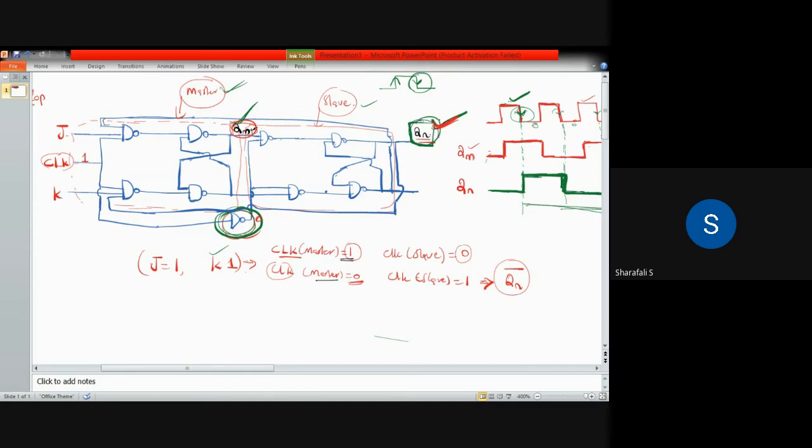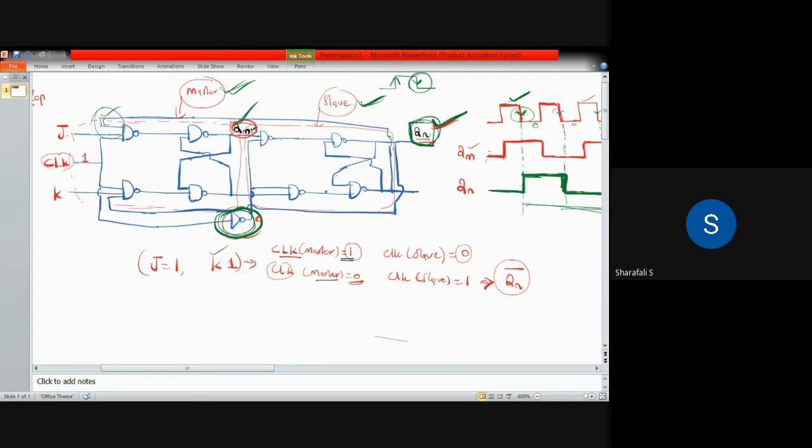So your output will not change because your slave is inactive. So it will be remaining in your previous output itself. So no race around condition will happen. Even next time, the slave will be active, but the master will be inactive, so when you are considering this output which is fed back into this input, this will not be working, because your master is inactive now.